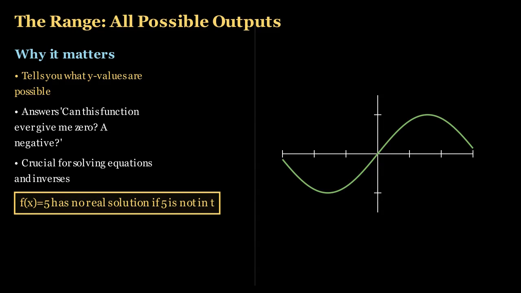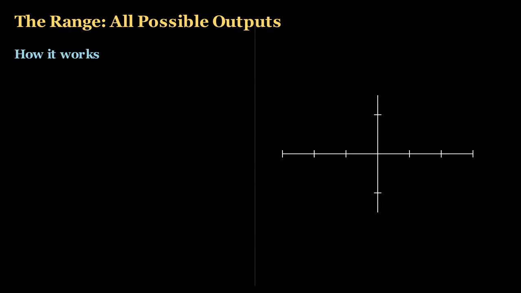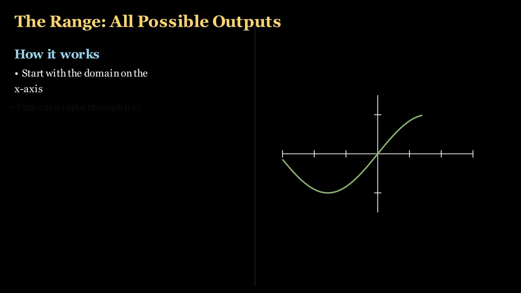Let's see exactly how to find the range. We begin with the domain, which for our main example is all real numbers. Picture the entire x-axis. Now, take each of those x values and apply the function. For f of x equals x squared, we square every single real number. What happens? A positive number squared stays positive.